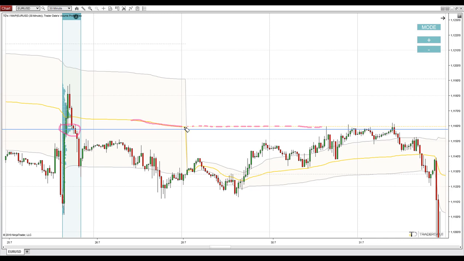A nice confirmation of this level we have from this volume cluster. As you can see, the price reacts in here, also in here, there's a reaction, and fourth reaction in here. Strong resistance level based on those volumes and the previous week's vwap.